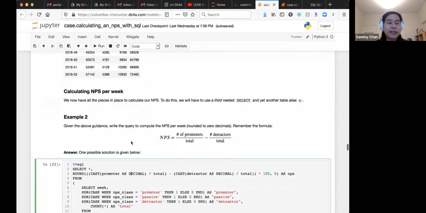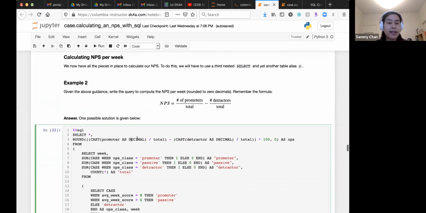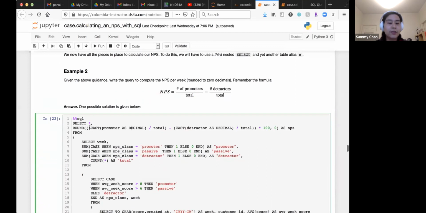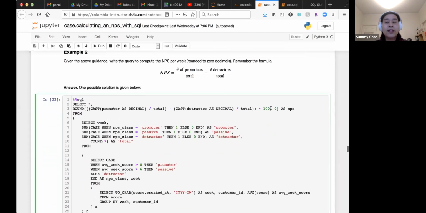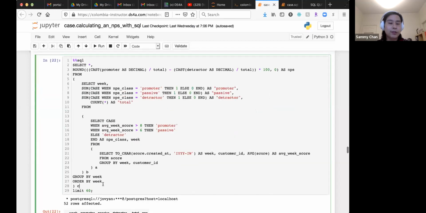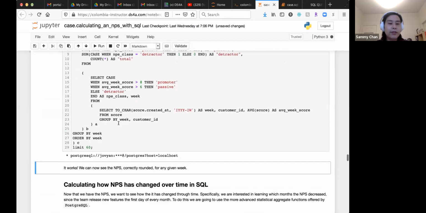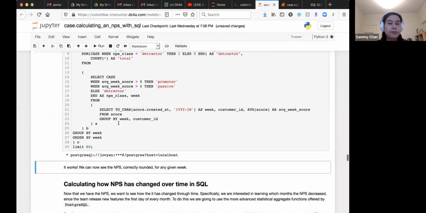In order to do the division, we have to cast it as decimal. So we cast the number of promoters divided by the total, minus the fraction of detractors, multiplied by 100. Then we round it to 0 decimal points as our NPS. Okay, so let's try running it.